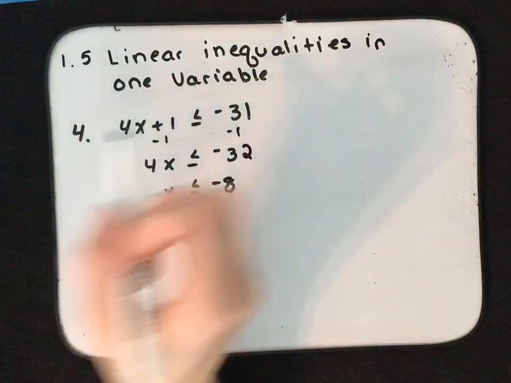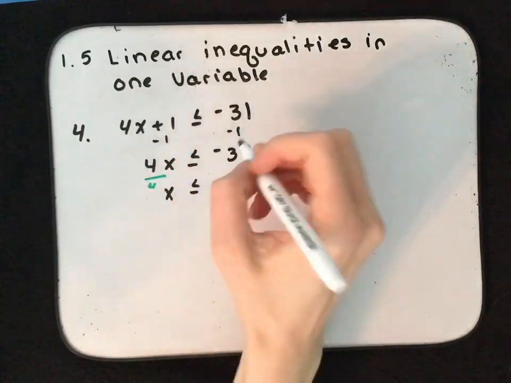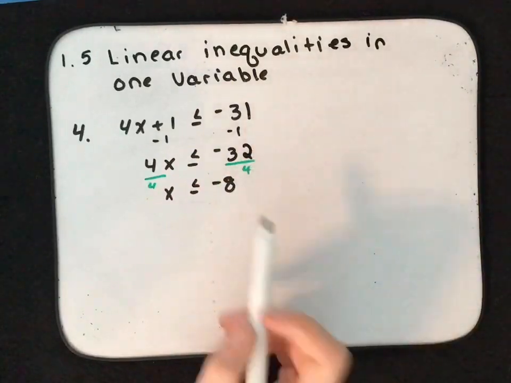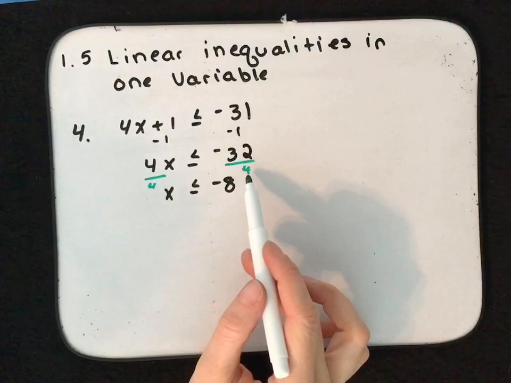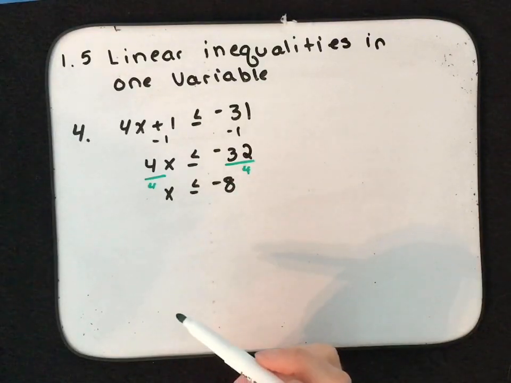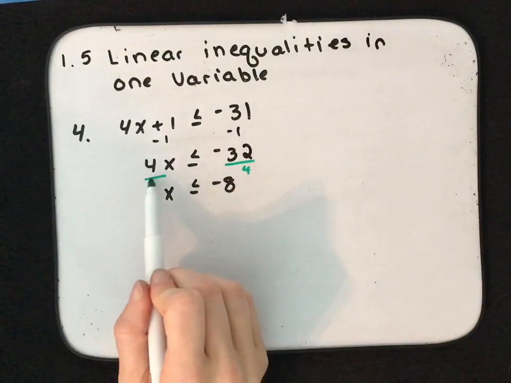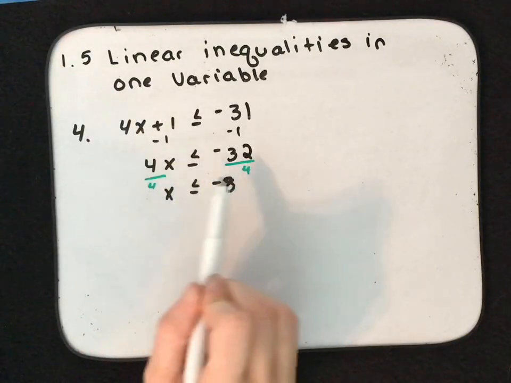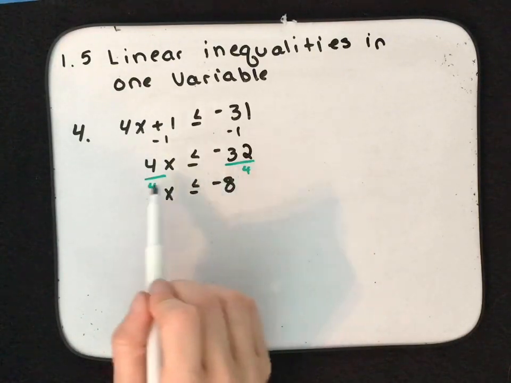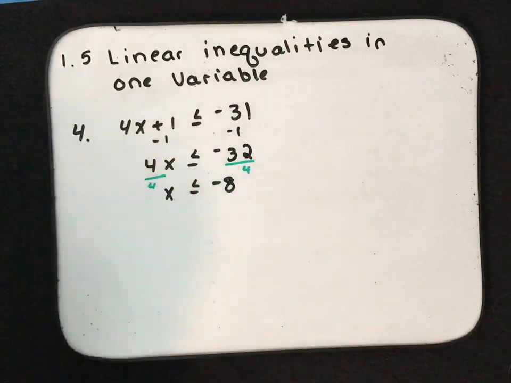Now in this step, we divided by 4. That 4 is not negative. The -32 is negative, but the 4 is not, which is why we did not reverse our inequality sign. It's only if the number you're multiplying or dividing by, like I have shown here in that green 4, is negative. In this case, it's not, which is why our inequality did not change.